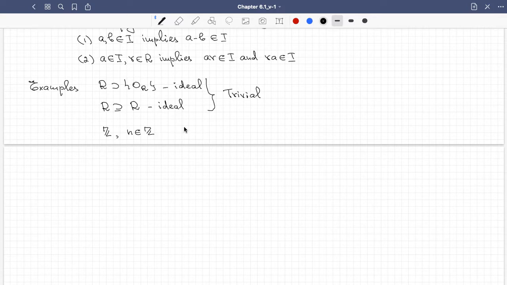Clearly, Z contains the set of all multiples of n. This is an ideal.